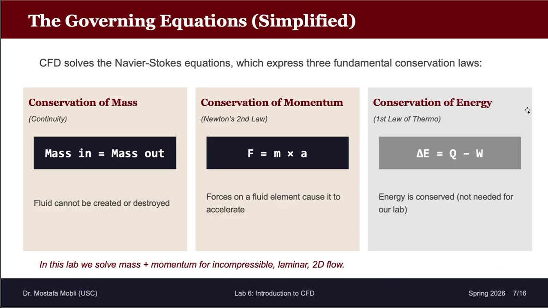Again, for our scenario, we don't really care about conservation of energy because there is no heating or cooling involved. It's just a fluid flow. So we are going to only use these two sets of equations to solve our problems.